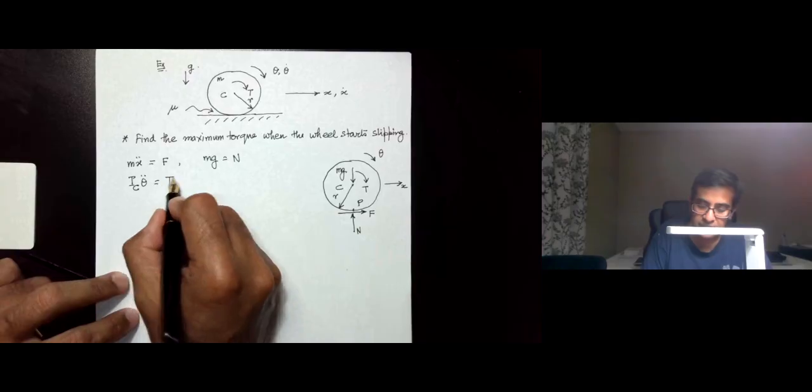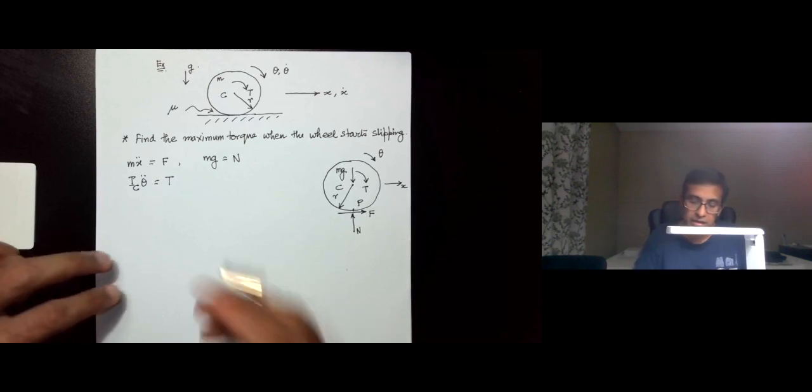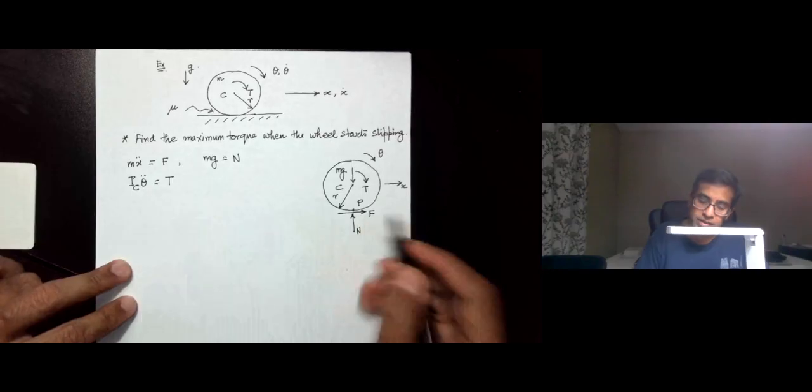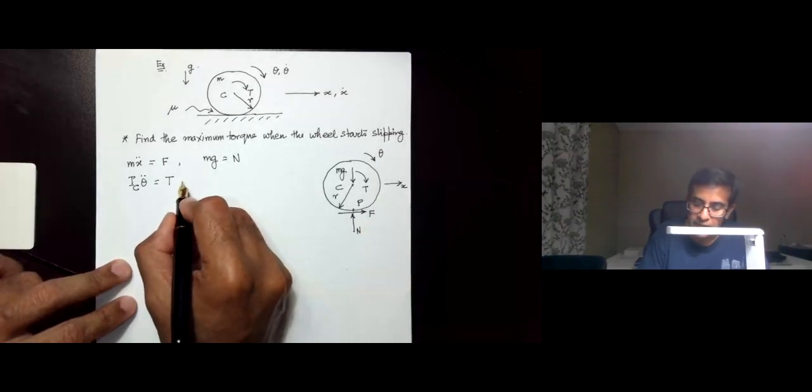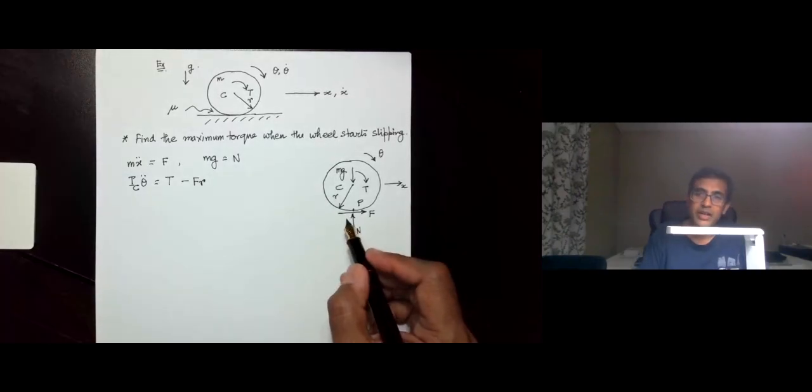We see that T is a positive torque because its direction is such that it tends to accelerate theta, whereas the force F provides a negative torque in the amount of F times R, because the force F is trying to decelerate theta.